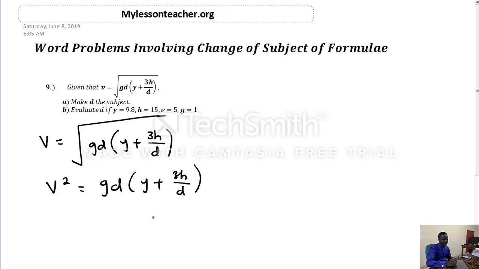So what I'm going to do is to see how I can factorize out D. And how do I do that?